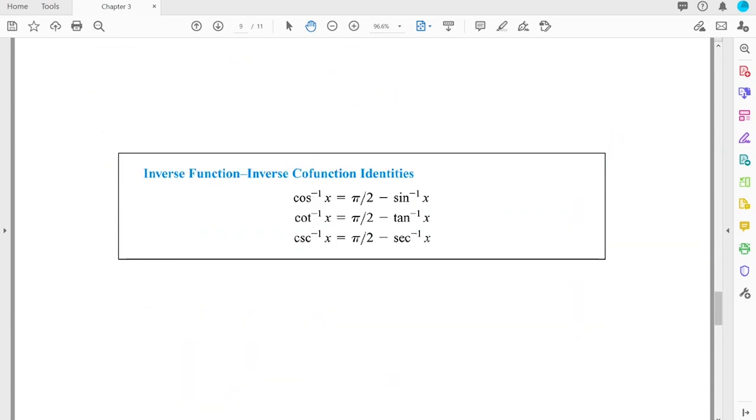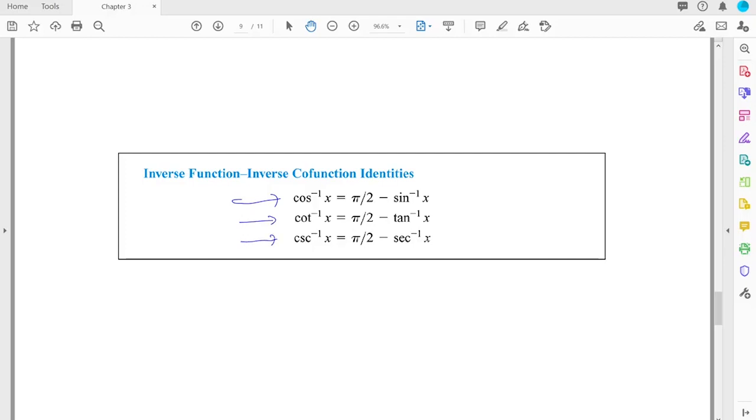Let's look at some of the relations between identities, the co-function identities between cosine and sine inverse, cotangent and tan inverse, and cosecant inverse and secant inverse. As you can see, cosine inverse x can also be written as pi over 2 minus sine inverse of x. Cotangent inverse of x is equal to pi over 2 minus tan inverse of x.